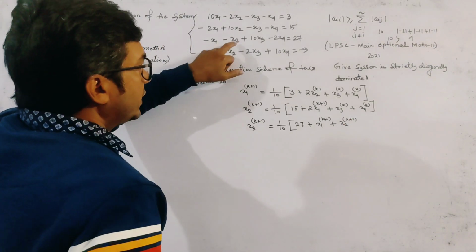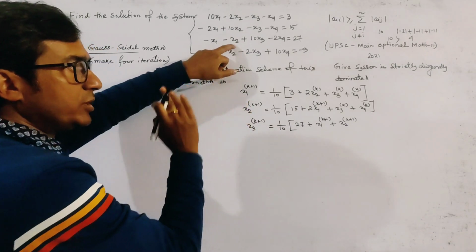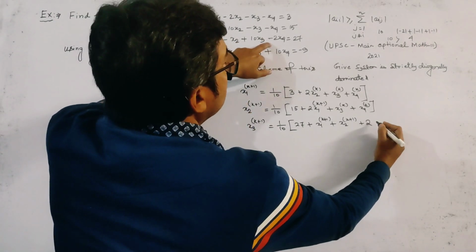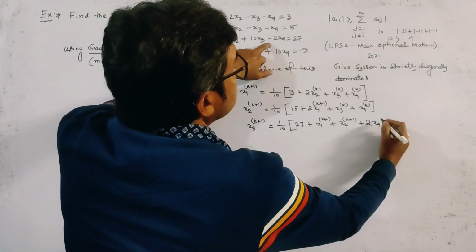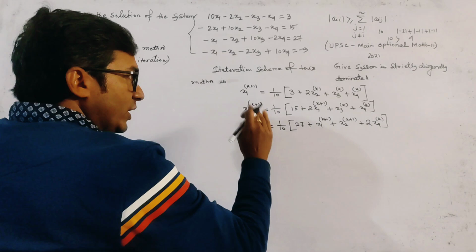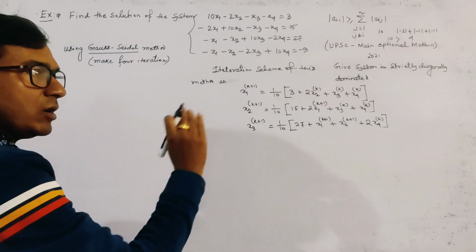That is, we already have the k plus 1 iteration of x2, and now plus 2 into x4 (k), because we have not found the value of x4 in the k plus 1 iteration yet.